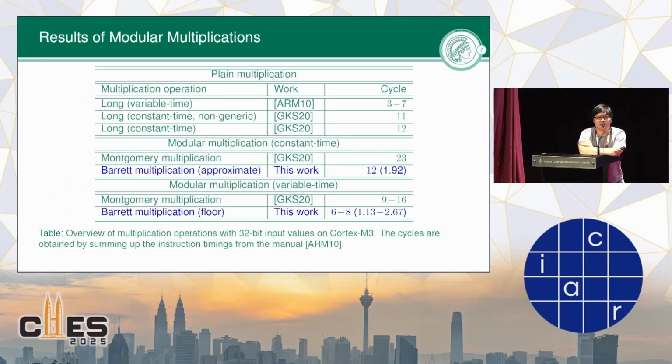These are results of modular multiplications. For the plain multiplication, the first row refers to the performance of the native variable-time long multiplication instruction. And the second two are constant-time long multiplications, which are like software emulations through low multiplication instructions.